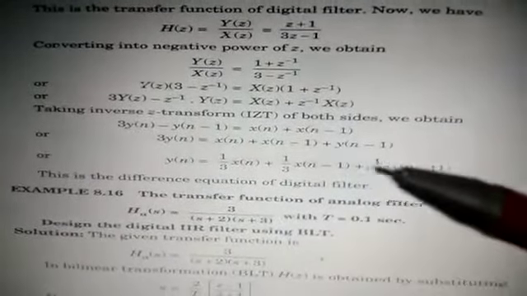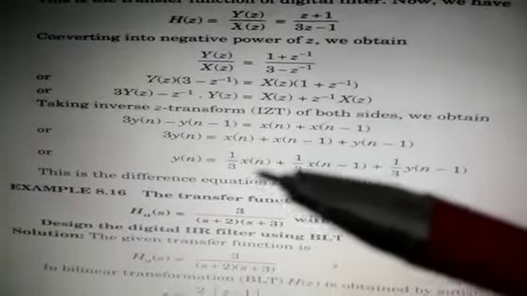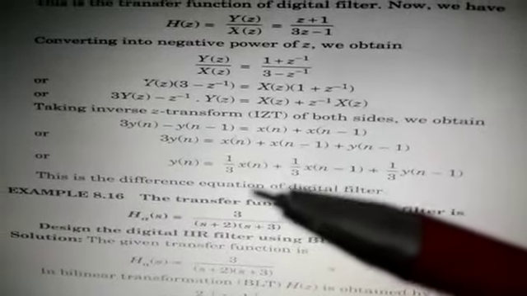You can take the inverse z transform and make y of n equal to whatever the equation is, like this. Z inverse indicates x of n minus 1 and x of z gives x of n.